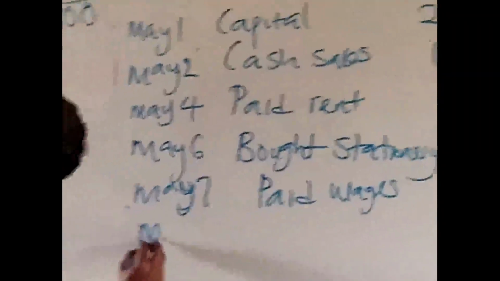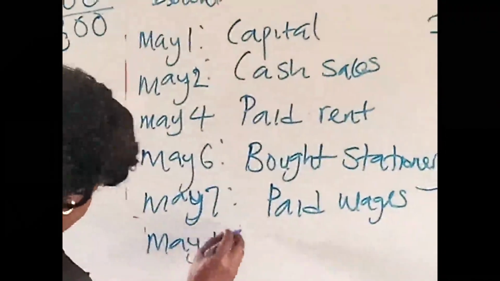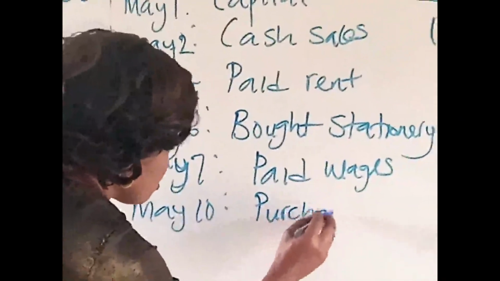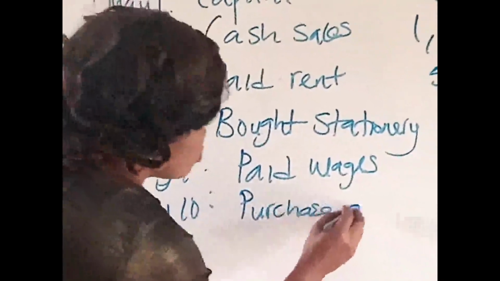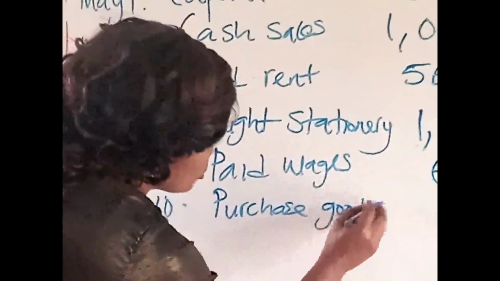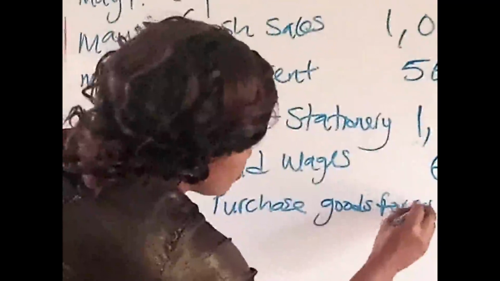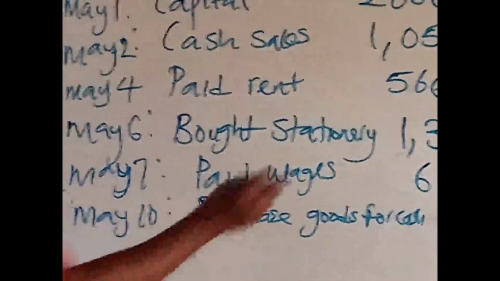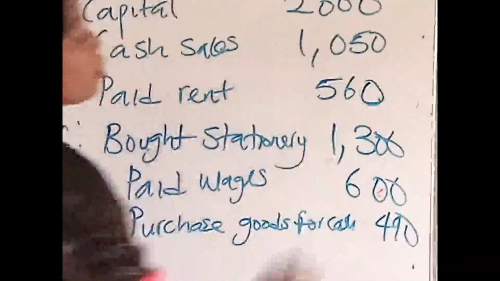And the last on the list, May 3rd, purchase goods for cash 490. So you are going to do that for the next class. For me, you make sure you practice it.